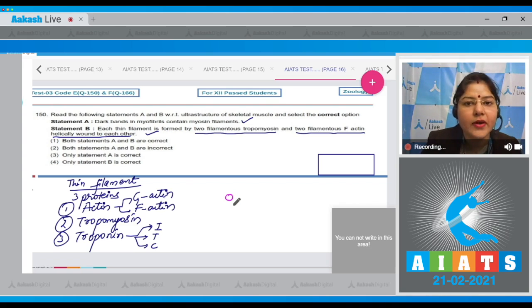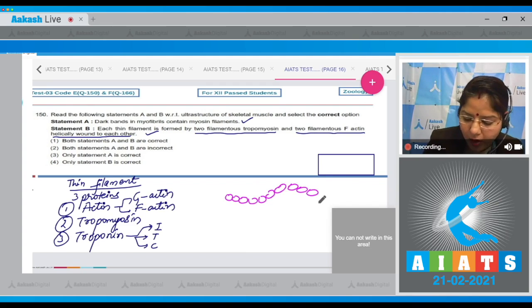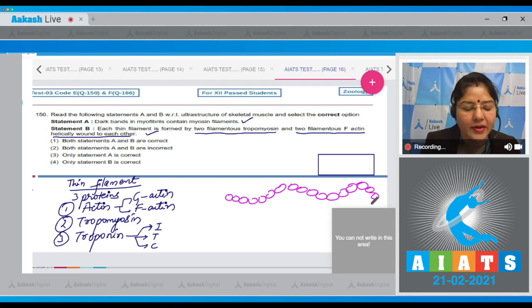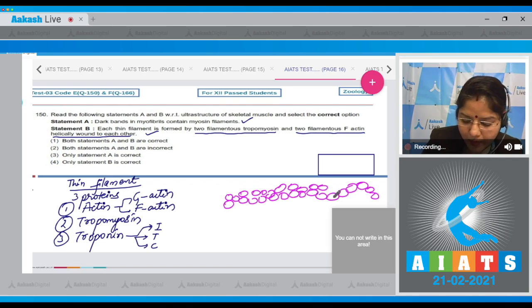G-actin is globular and it is a monomeric protein. Many G-actin polymerizes to form F-actin. This is one molecule of F-actin, and in thin filaments, 2 molecules of F-actin are present, which are helically coiled around each other. This is another F-actin.